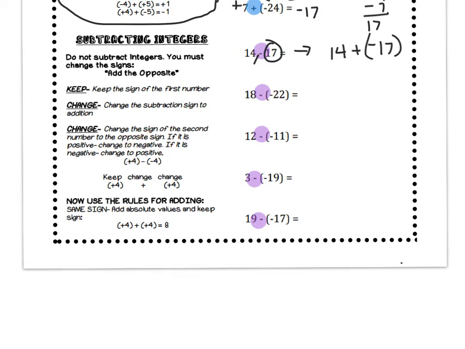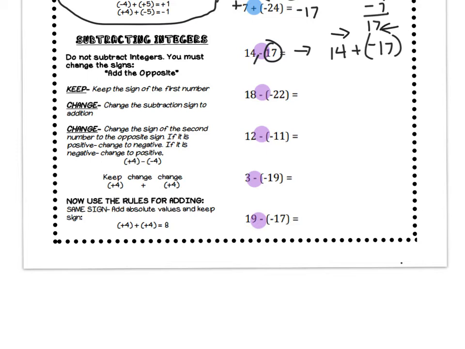If it's a negative, it would become a positive, and if it's a positive, which this one's a positive, so it becomes a negative. So when I do that now, I can see that positive 14 would go this way, negative 17 would go that way.